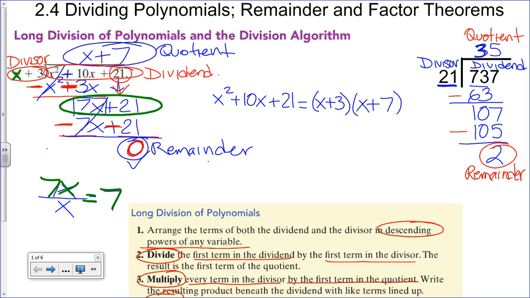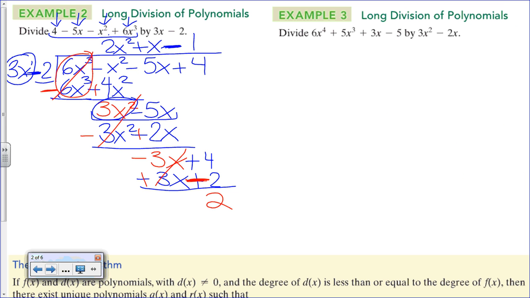Now, I could add the remainder, it would just be 0. Now, if we go to the second problem, we don't have that. In fact, the remainder is 2.